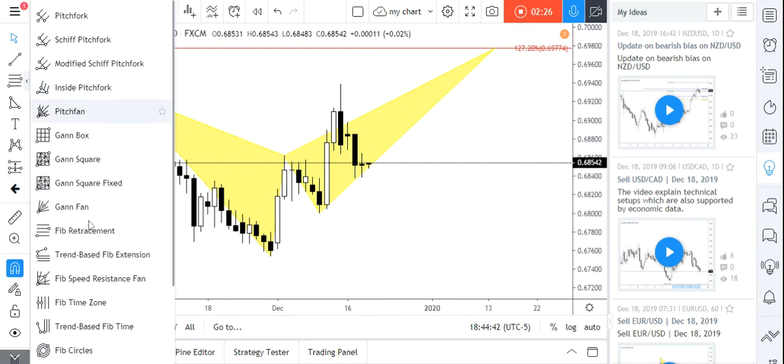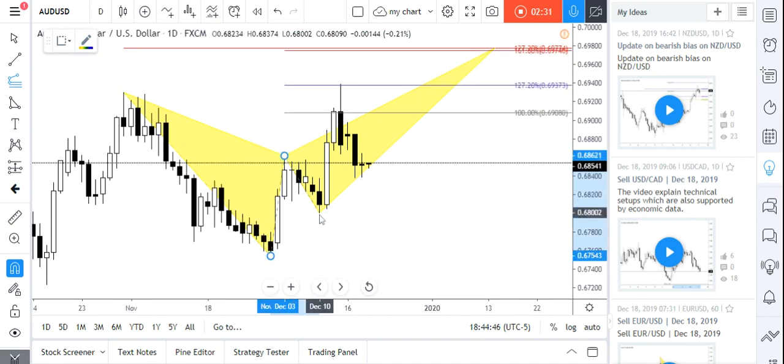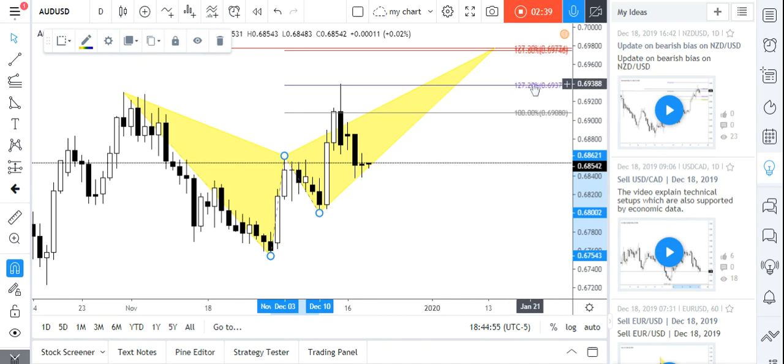To measure the length, I'll plot this trend based Fibonacci extension. So here we go. This swing was created at 100%, and this is 161.8%. 127.2% is not very significant while measuring extensions.